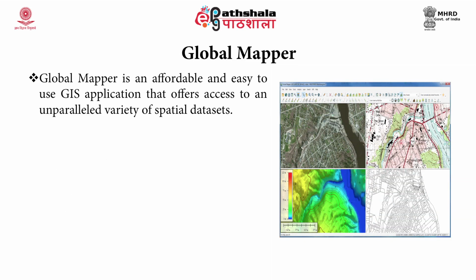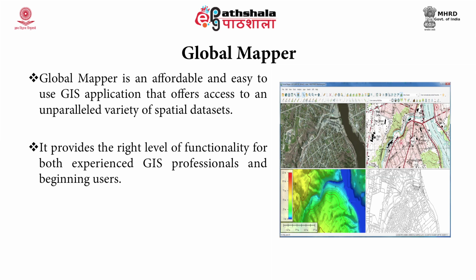Global Mapper is another affordable and easy to use GIS application software that offers access to an unparalleled variety of spatial data sets. It provides the right level of functionality for both experienced GIS professionals as well as the beginning users of GIS. Its latest version is Global Mapper 18.2.